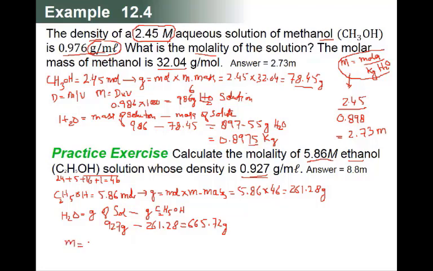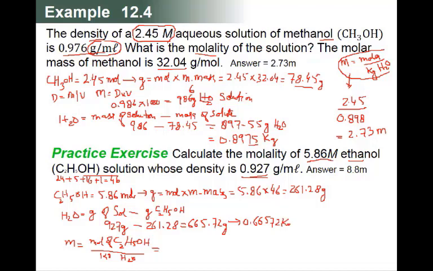is equal to mole of ethanol C2H5OH divided by kilogram water. So here we are changing to kilogram, divided by 1000, so this becomes 0.66572.